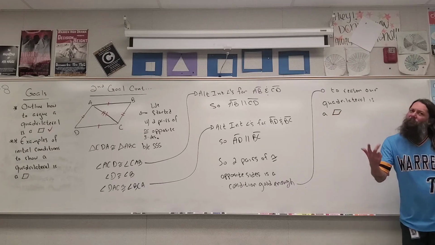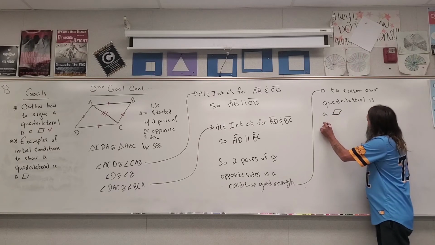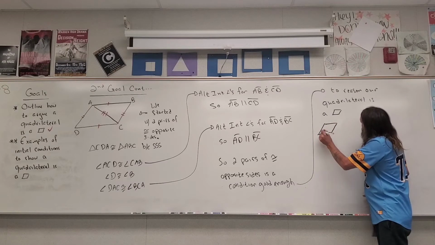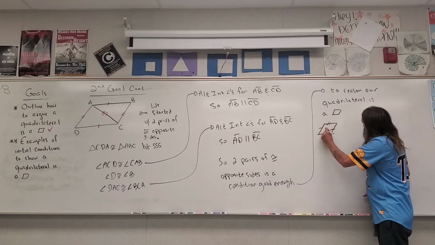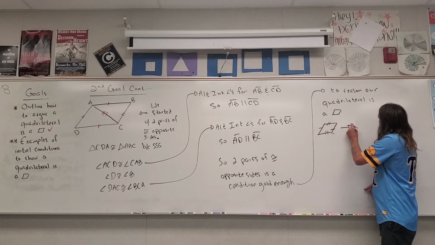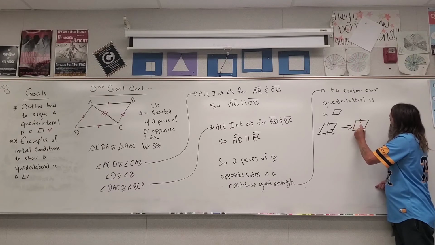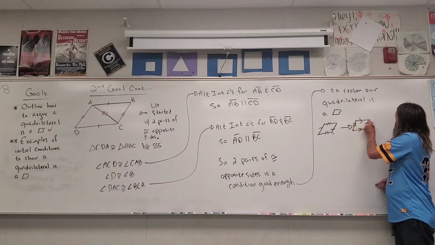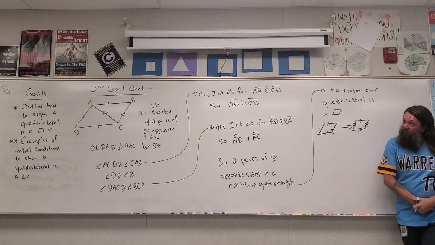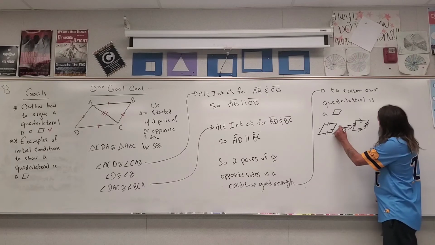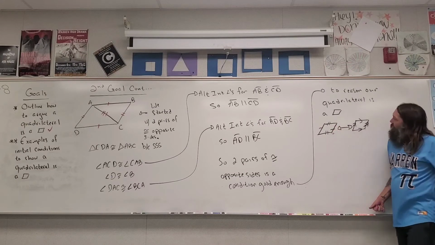All right, so let me give you a visual representation of this. So if I have a four-sided shape where two pairs of opposite sides are congruent, I know that I'm going to get a parallelogram. But in the previous lesson, we saw that a parallelogram made opposite sides congruent. So this is what we would call a biconditional statement.